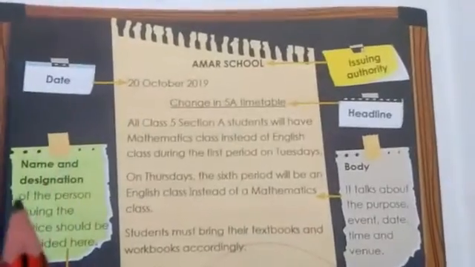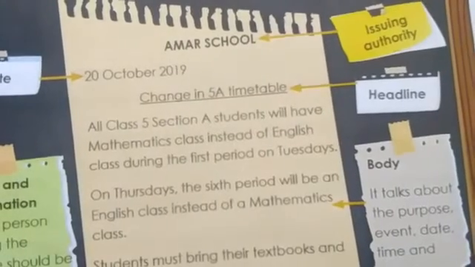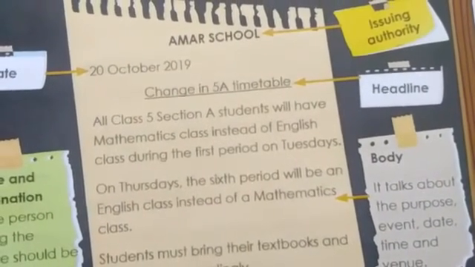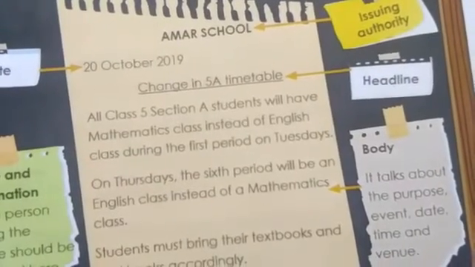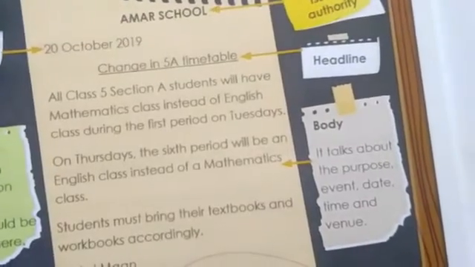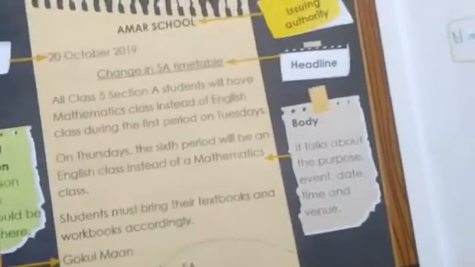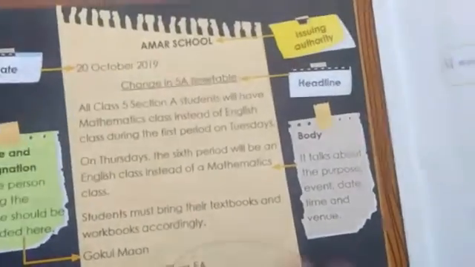All class 5 section A students will have mathematics class instead of English class during the first period on Tuesdays. On Thursdays, the sixth period will be an English class instead of a mathematics class. Students should bring their textbooks and workbooks accordingly.